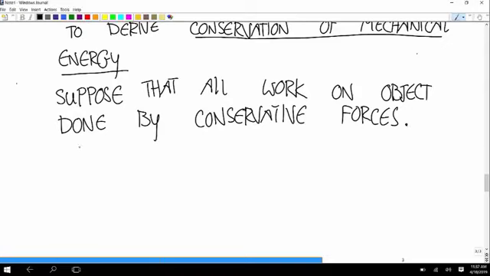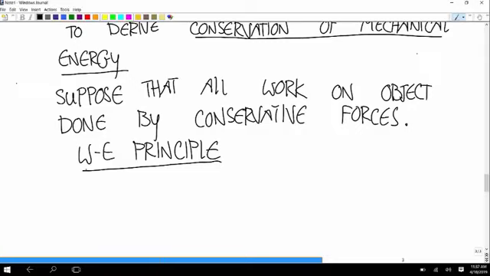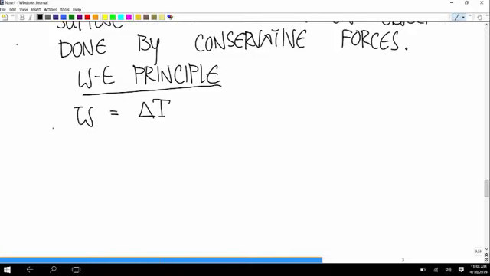Then the work-energy principle, remember that says that the total work is equal to the change in kinetic energy. But now if all of the work is being done by conservative forces and we have potential energy functions for those, we can replace the work with the negative change in potential energy.